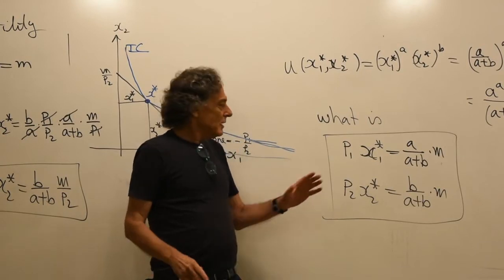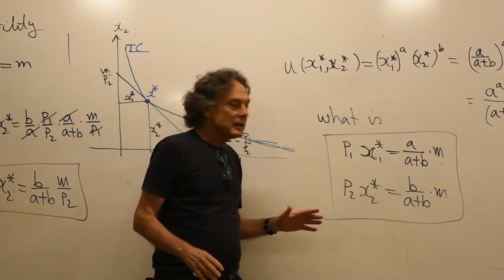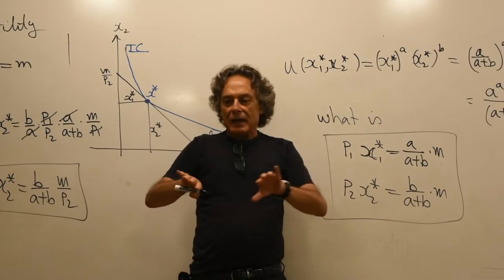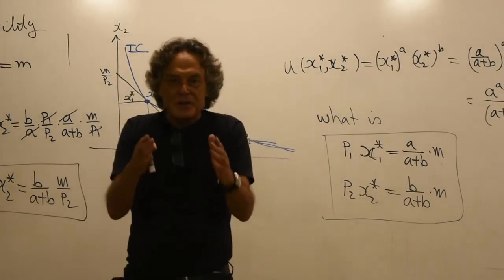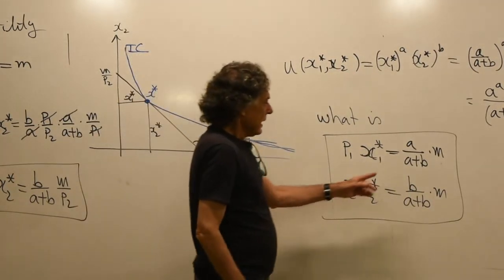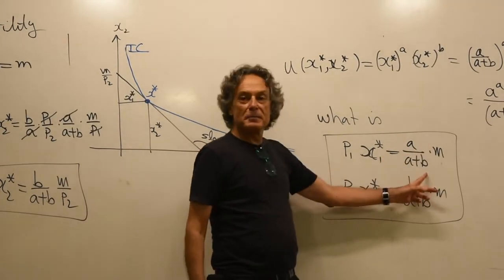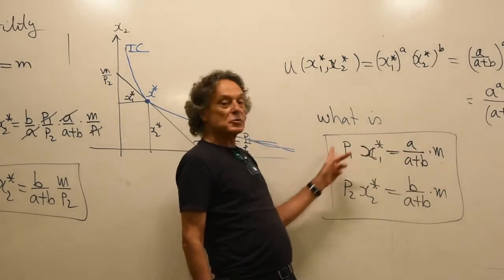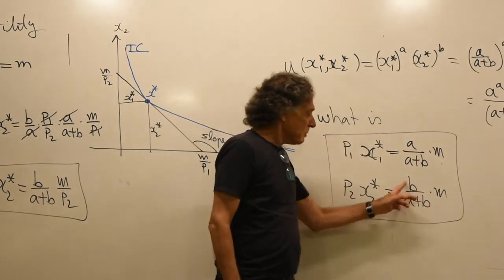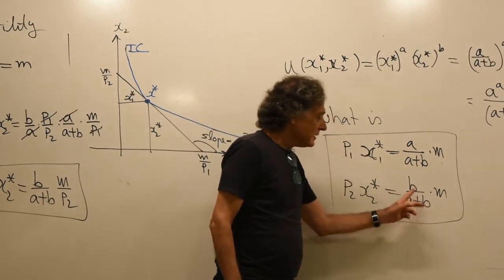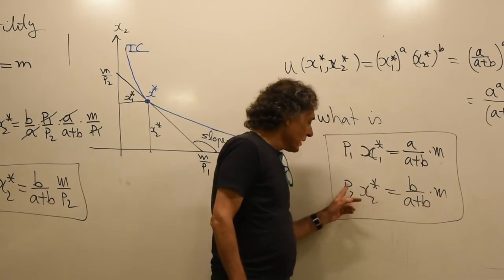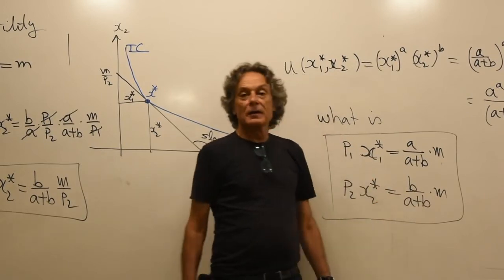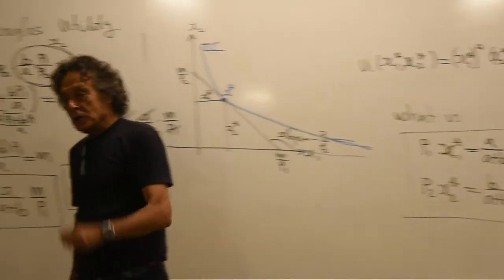So with this utility, it says that I completely separate my budget M: a proportion A over A plus B of the budget goes to spend on x1, and a proportion B over A plus B of the budget is going to go for the expenditure on x2.